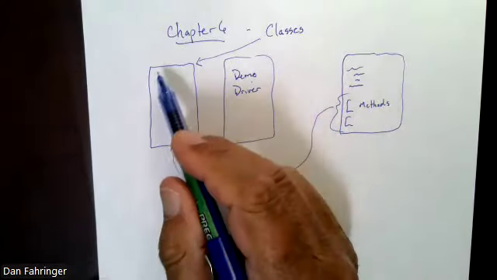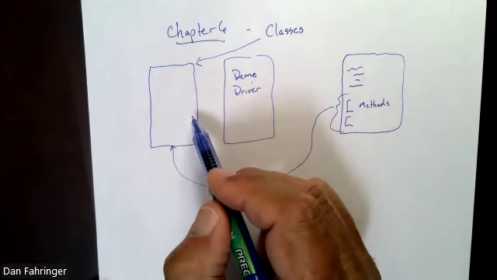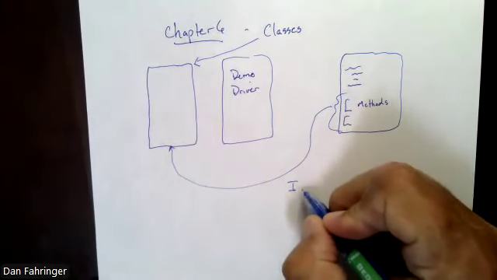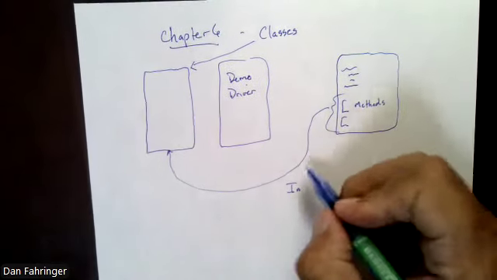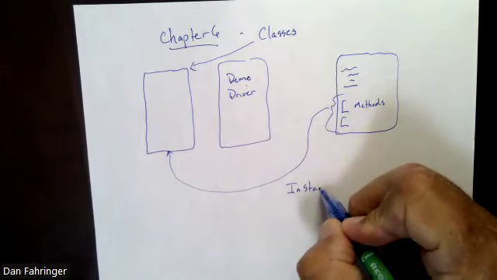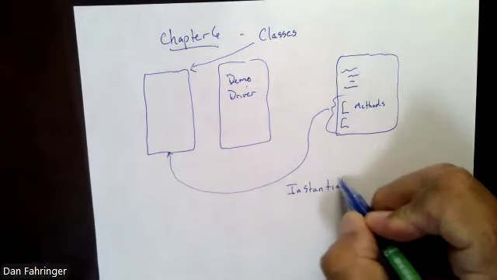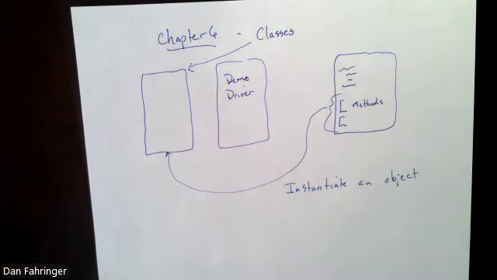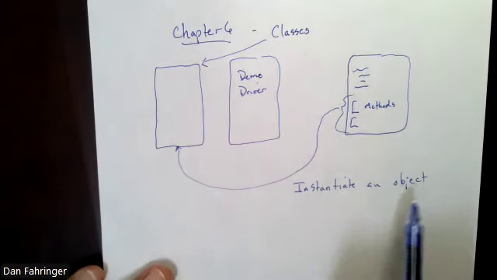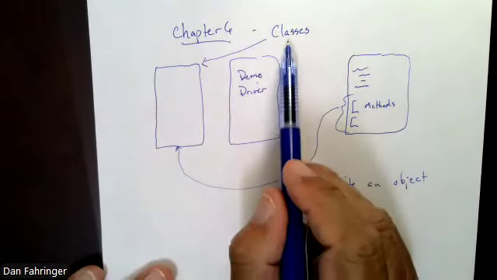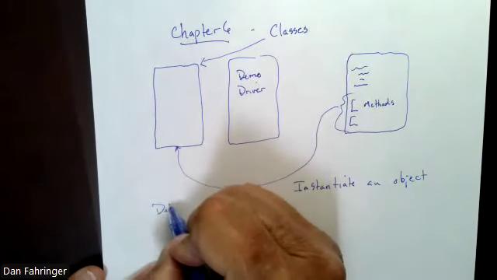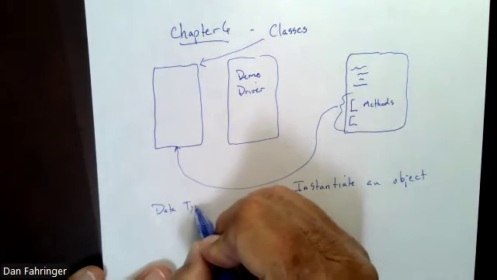When I want to use this class, I need to remember this terminology: instantiate an object. Now, the object is going to be of type whatever this class is called. So I'm now going with data types, and we have a bunch of data types.